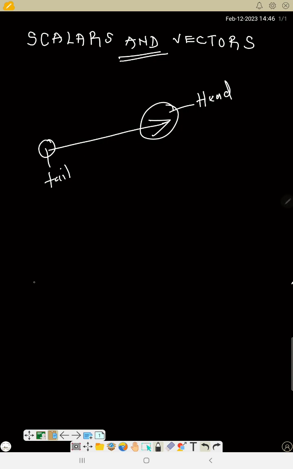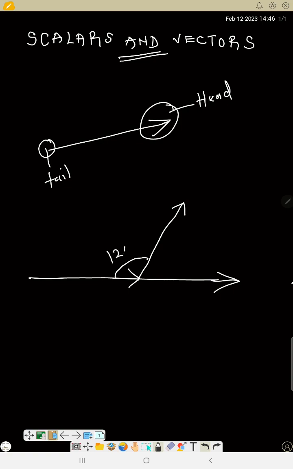If I have something like this, let's say this is a vector here, another vector here, another vector here. If I write the angle here as 120, the angle here as 60, if this is vector A and this is vector B, the correct angle for these vectors is 60. Why? Because this is head, this is tail, so an angle cannot be formed between head and tail.